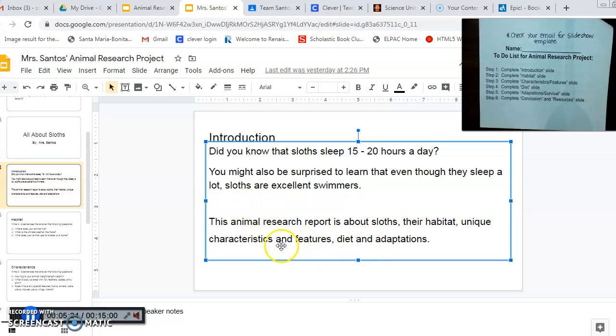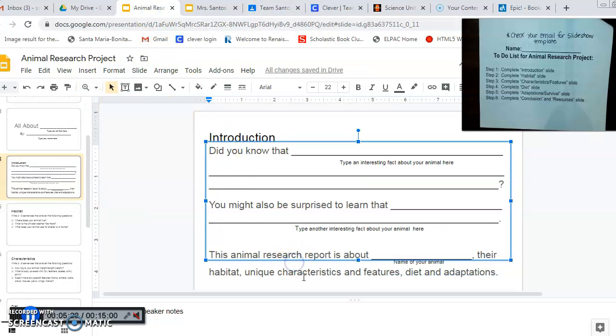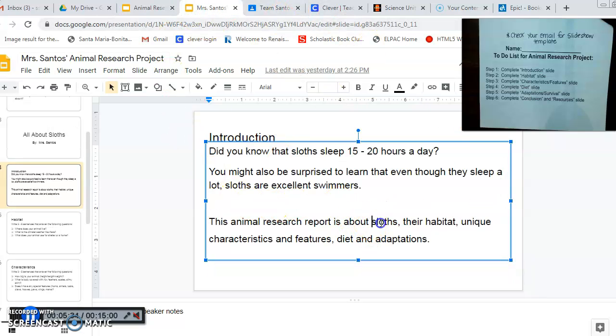No idea. I left all the words at the bottom down here in this area. I left all those words there, and I only added my animal's name right there. Okay? So that's how you are completing the slides.